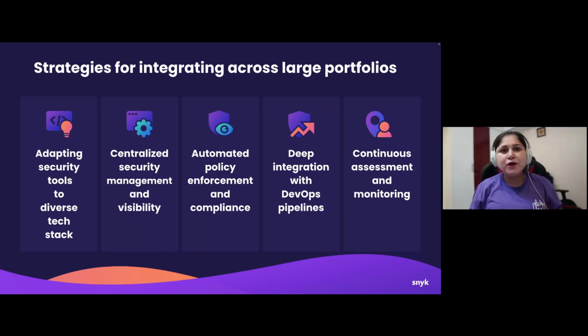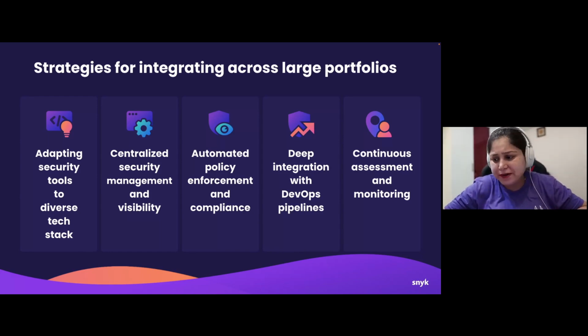Now, while we talk about fixing those challenges, we also need to have automated policy enforcement and compliance. So let's see this with the challenge of maintaining compliance across a diverse portfolio of applications, especially if you're part of a financial organization. Let's take their example as well.